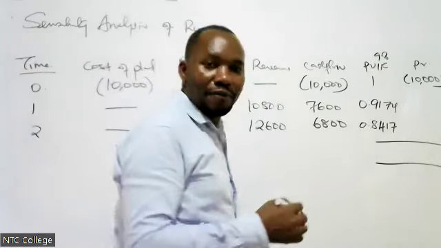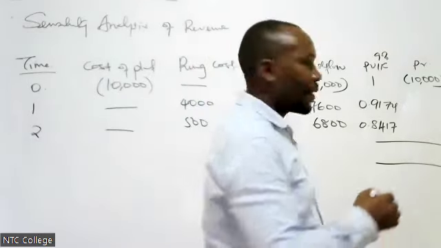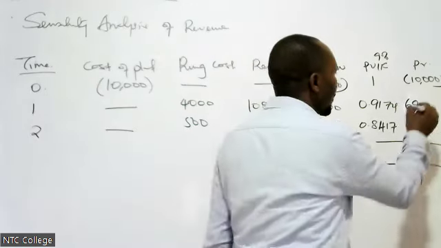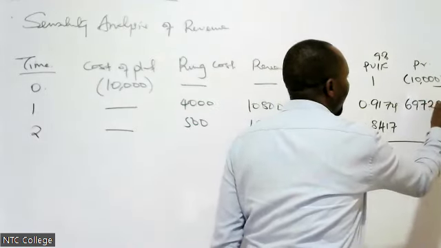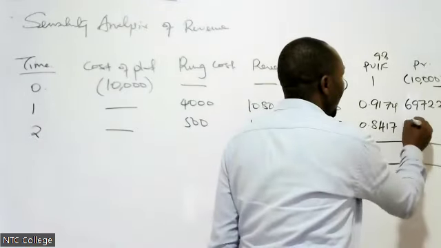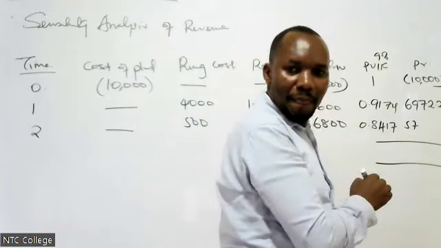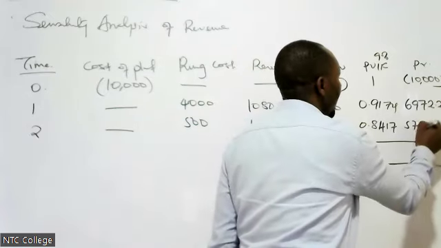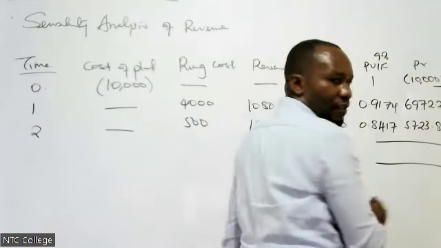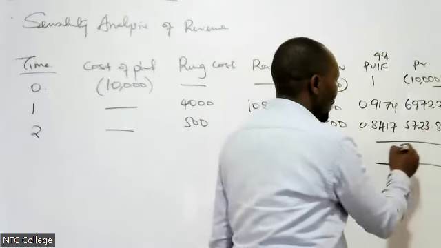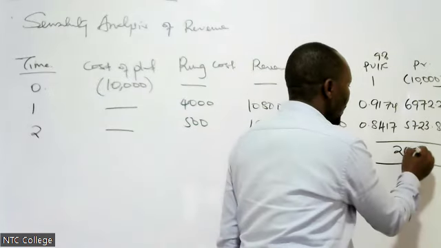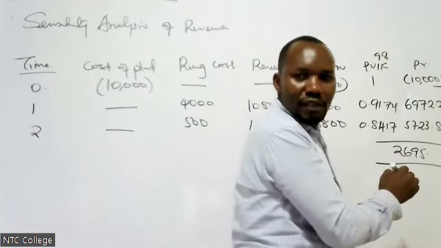So we're going to have 69.72.24, and then the other one 57.23.8. The total is becoming 26.25.8.